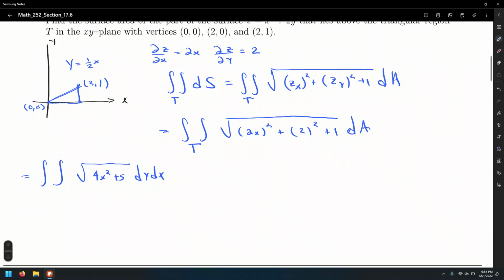So the limits of integration will be, in the y direction, from 0 to 1/2 x, and in the x direction from 0 to 2. And evaluating this integral, let me do the first step. The integral from 0 to 2, the integral from 0 to 1/2 x.